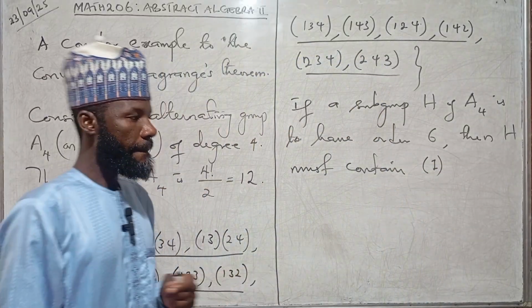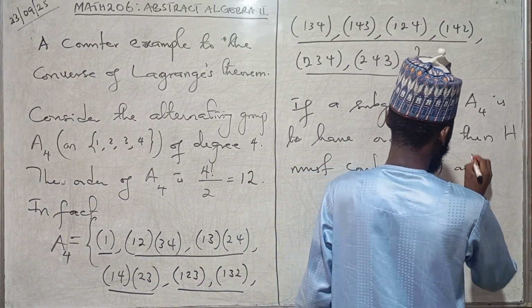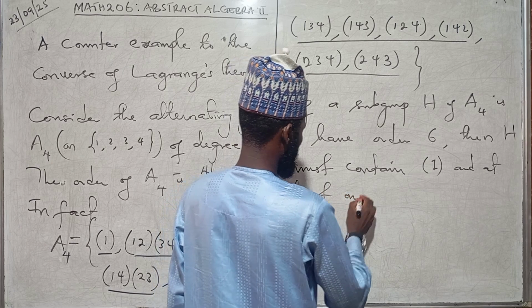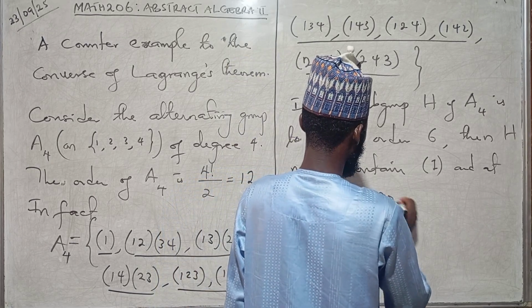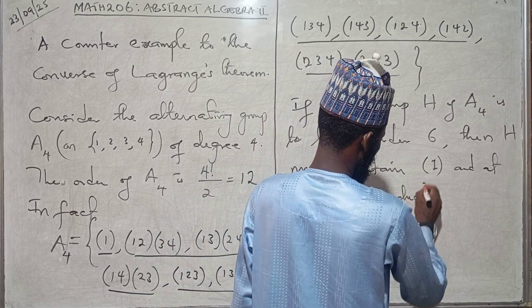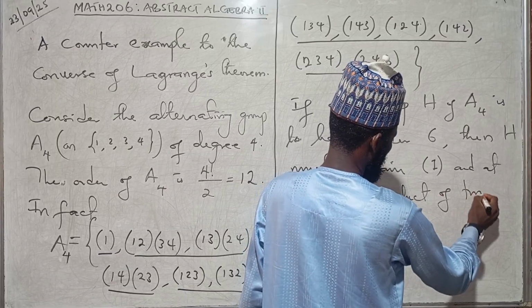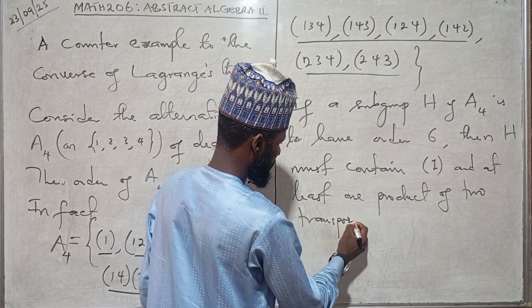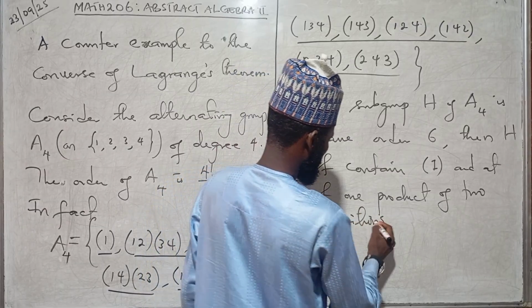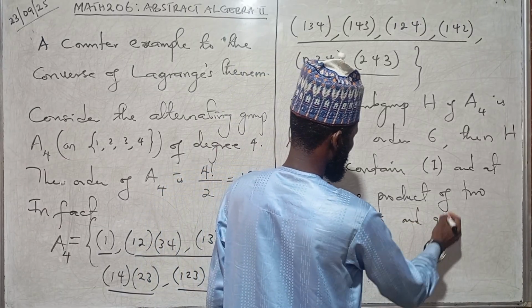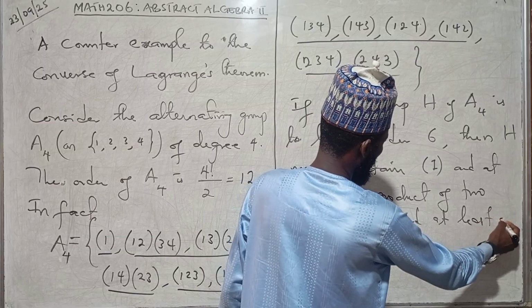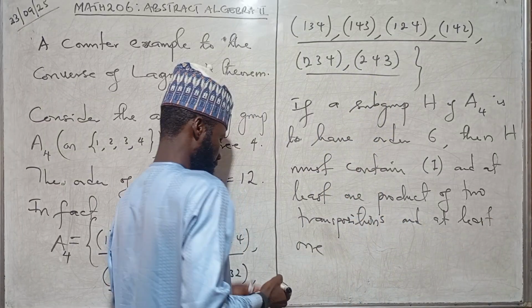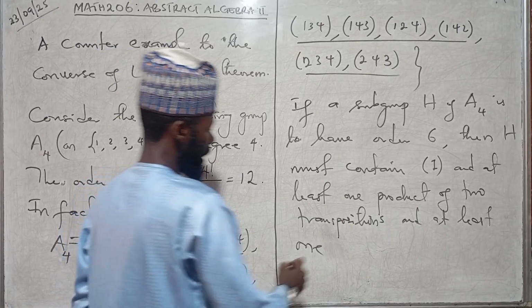The identity must be there, and at least one product of two transpositions, and at least one three cycle.